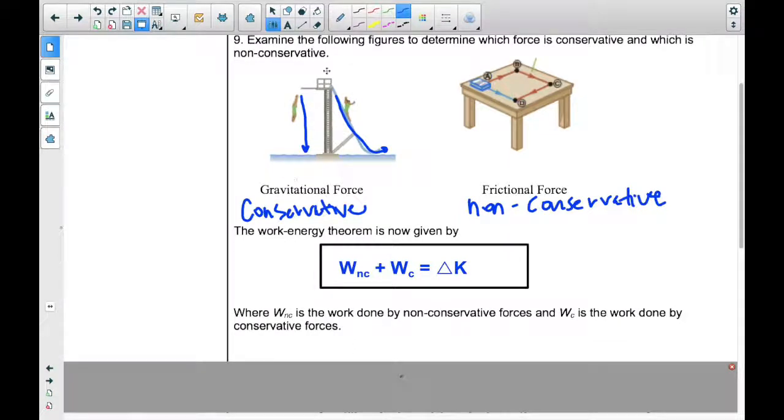Okay, so we have a work energy theorem, and the work energy theorem is given by the non-conservative work plus the conservative work adds up to be the total change in kinetic energy. And that's what it says down here. W_NC is the work done by non-conservative forces, and W_C is the work done by conservative forces. But again, basically we're saying that if there are some non-conservative forces involved, you have to add those into the equation.